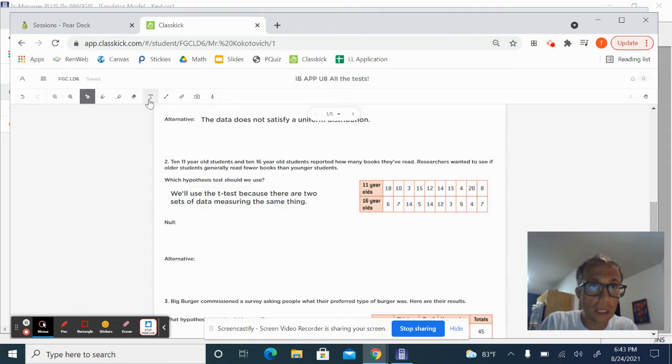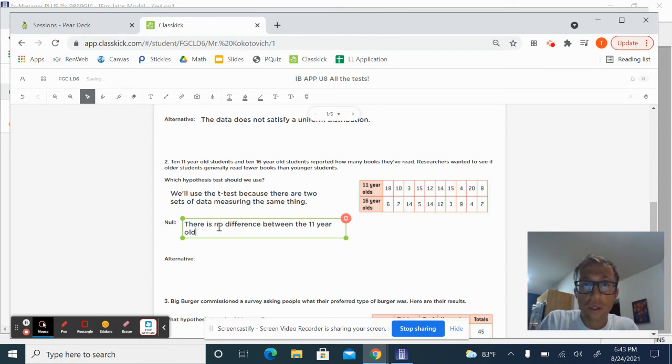Null hypothesis for a t-test here is that there is no difference between the 11-year-olds and the 16-year-old reading amounts. There is no difference between the 11-year-old students and the 16-year-old students. I should make that a little bit better.